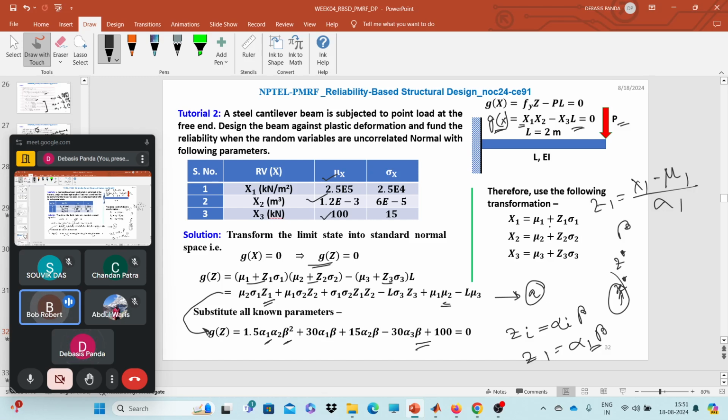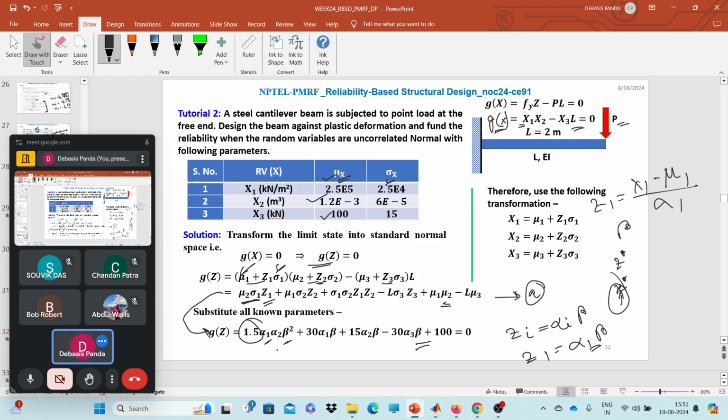I substituted the values of mu and sigma: you have the value of mu 1 and sigma 1 here, and mu 2 and sigma 2 values.